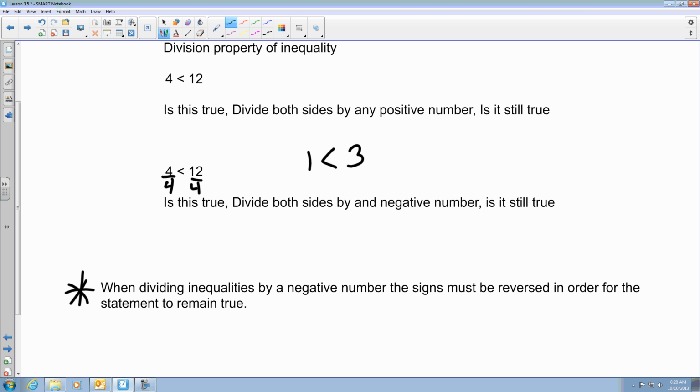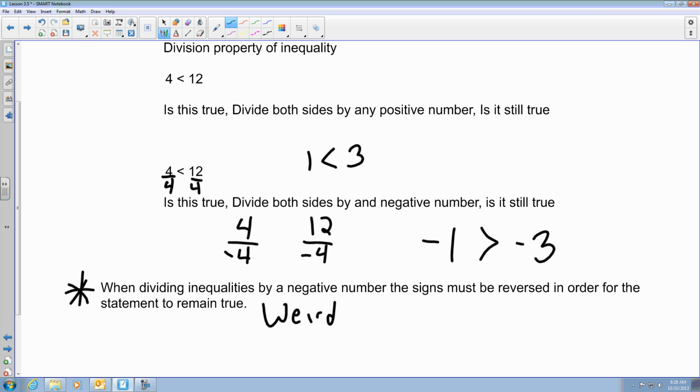If I were to take 4 and divide it by a negative 4, and I would take 12 and divide it by a negative 4, I would get negative 1 on the left-hand side, and I would get negative 3 on the right-hand side. The statement that makes this true is it has to be greater than. So the inequality must be flipped in order to make the statement true, because I divided it by a negative number. Again, this is part of the weird rule.